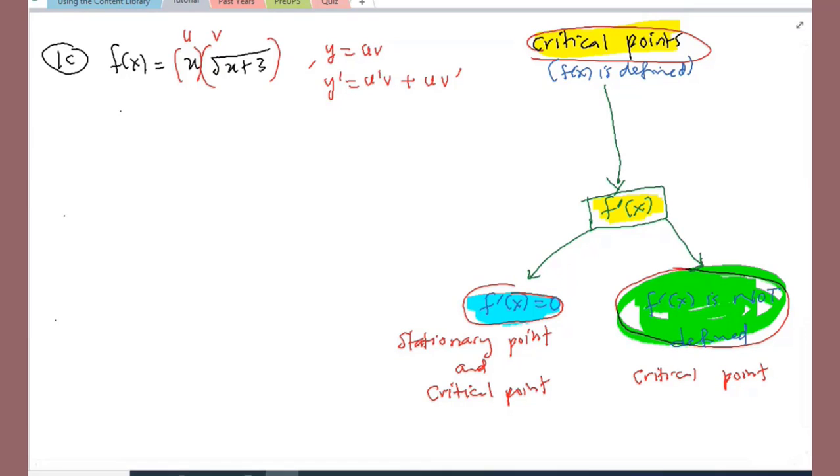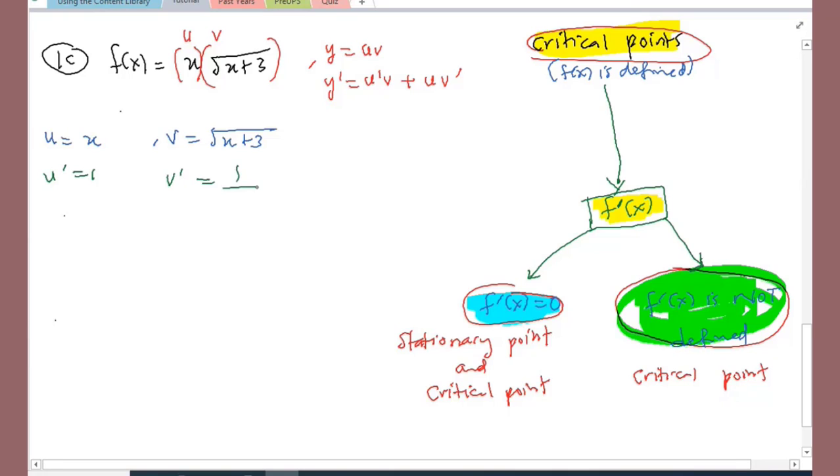Then u is equal to x, v is equal to square root of x plus 3. u prime, or du/dx, is equal to 1. v prime, or dv/dx, is equal to 1 over 2 square root of x plus 3. Differentiating x plus 3 gives 1. Or you can change this to x plus 3 to the power of half and differentiate.